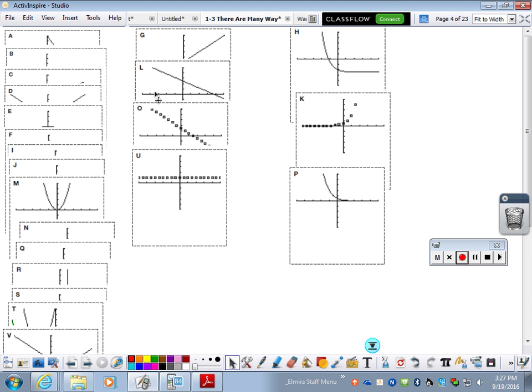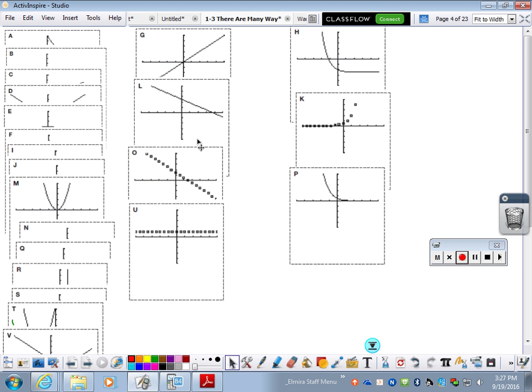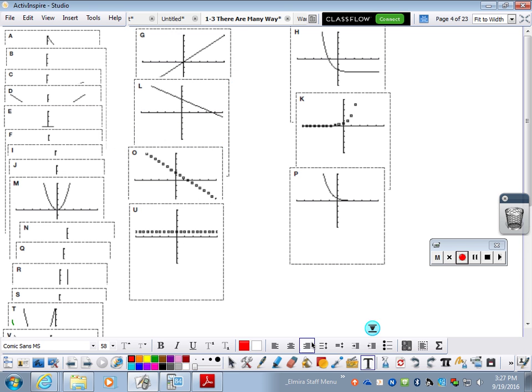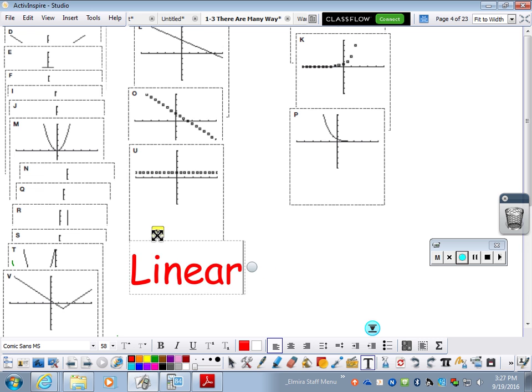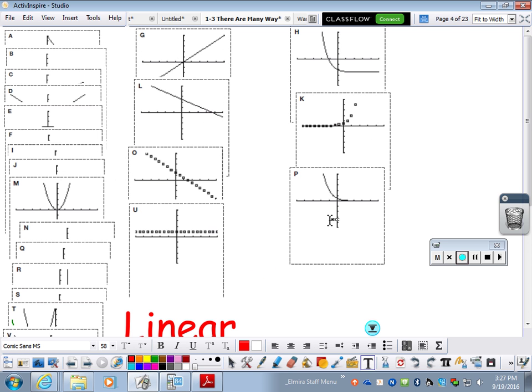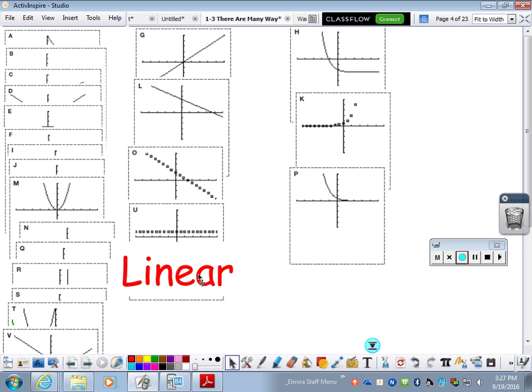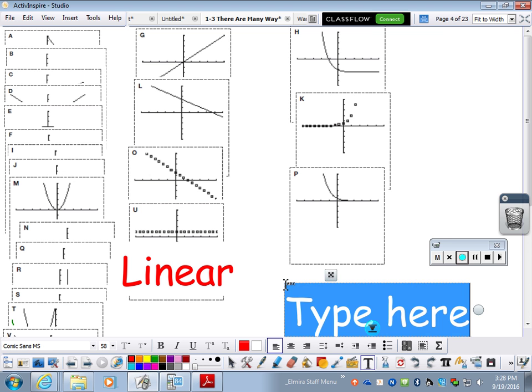These functions here are all straight lines, and they are linear. These functions here have a name.